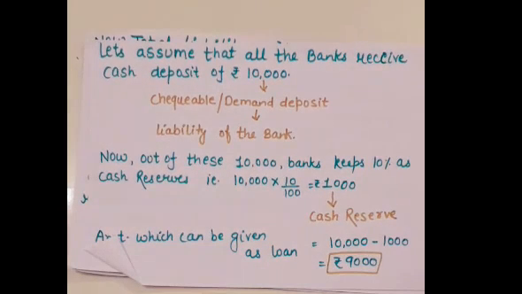That means rupees 9,000 can be used as the loan amount, and interest income can be earned on this rupees 9,000. But what was our assumption? Our assumption was that banks never offer loans in cash. Instead, an account is opened in the name of the borrower and the loan amount is reflected as the credit amount in his account.